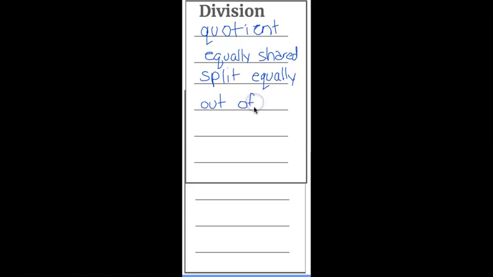That's another one. We don't see that one quite as much as you would think. Usually you're going to see something like equally, split equally, shared equally, equal parts. See that word equal a lot. All right, so these are some of our division clue words. Make sure you're writing down those clue letters too.